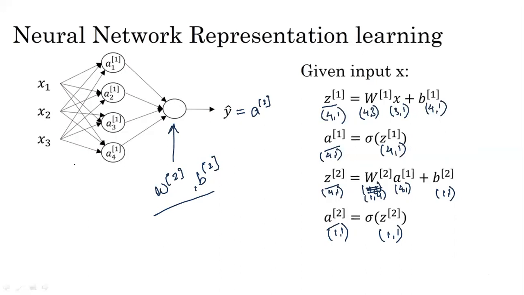Suppose we were representing x1, x2, x3 by an input feature vector X. Instead of writing X, we can write A of 0 as a new representation, and in this equation instead of writing X we can write A of 0.